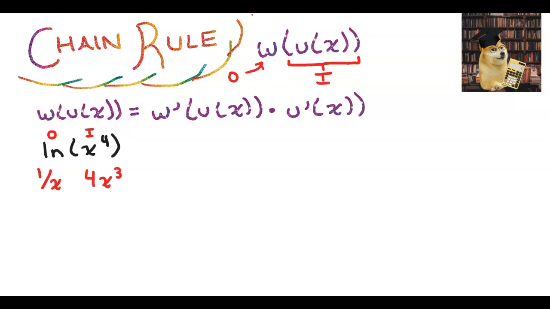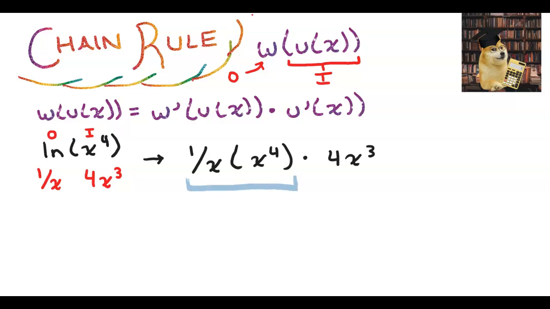So how do we solve our function? Now that we have the primes, it becomes 1 over x to the fourth power, multiplied by our prime, which is 4x cubed. In the first place, we are going to solve these two and then multiply this.